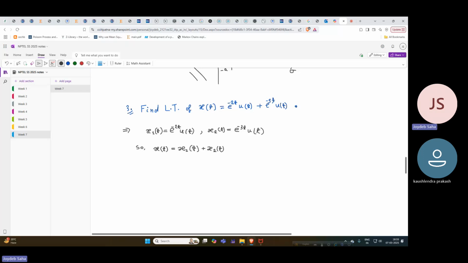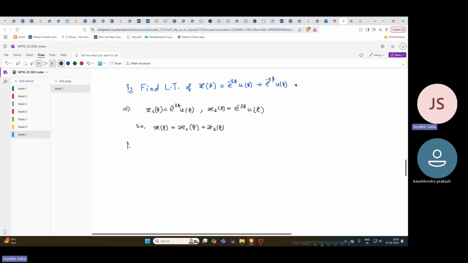So we can write x(t) is equal to x1(t) plus x2(t). Now X1(s) is equal to the Laplace transform of x1(t).